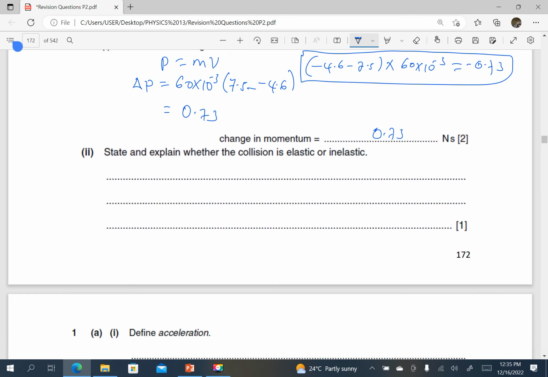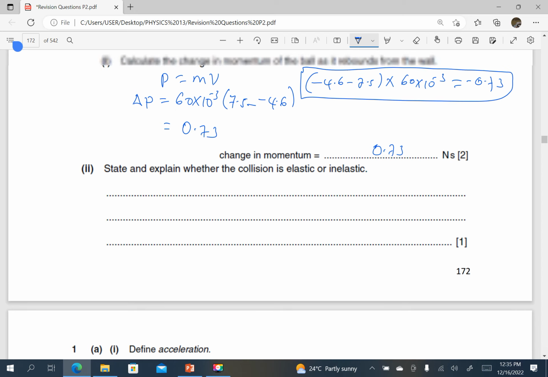Lastly, state and explain whether the collision is elastic or inelastic. Of course, you see that the velocity with which it arrives is not the same as the velocity with which it leaves. So it means kinetic energy is not conserved.